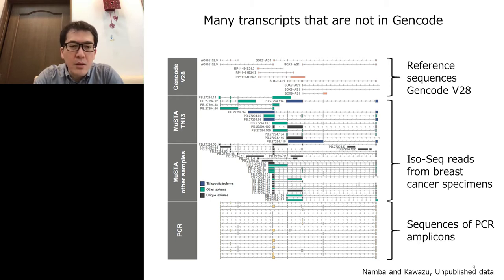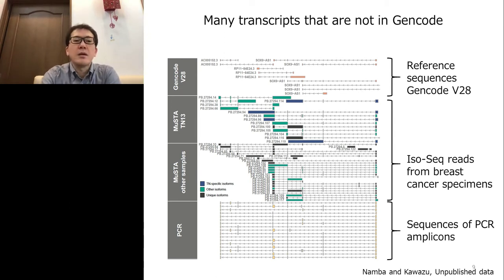So we detected not only SOX9-AS1 isoforms, but also the read-through transcripts. At the bottom, the actual sequences that we verified by Sanger sequencing of PCR amplicons are presented.